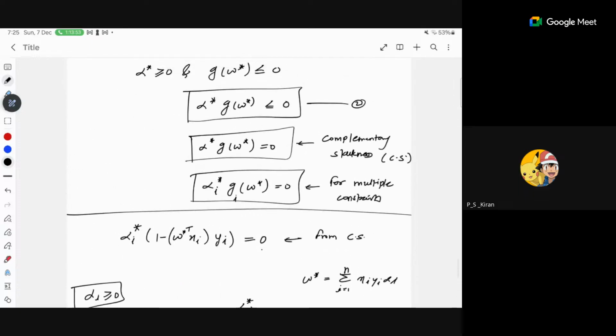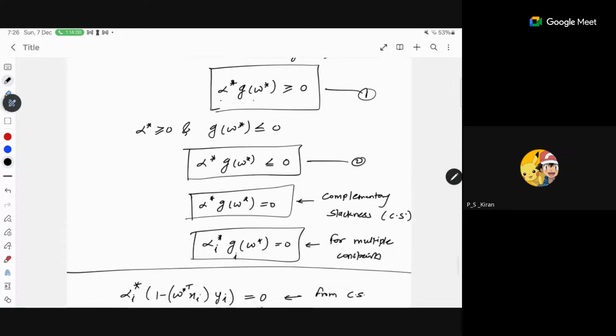Okay, so here, if we take the constraint to be 0, then the constraint is satisfied, I mean, W star transpose xi into yi is equal to 1. That means the constraint is satisfied. Then, to make this 0, alpha i star can be greater than or equal to 0, right? So it is not necessarily always greater than 0.